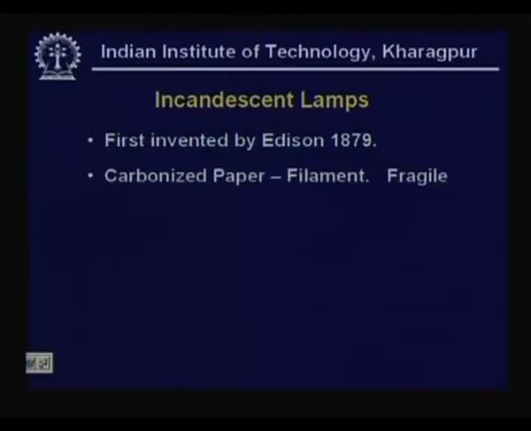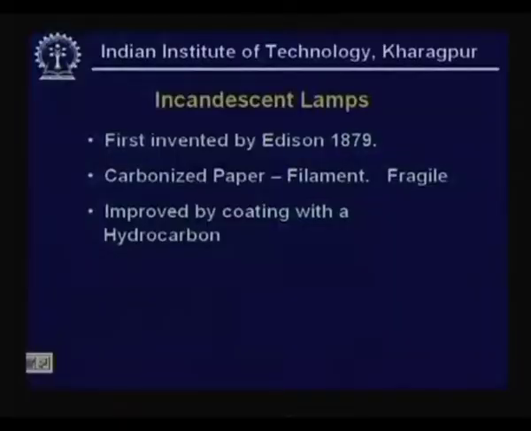This employed essentially carbonized paper as a filament, and the carbon drawn in the form of a filament was very fragile and could not be sustained for a longer time. To have stability, it was in fact coated with a hydrocarbon to improve its properties.